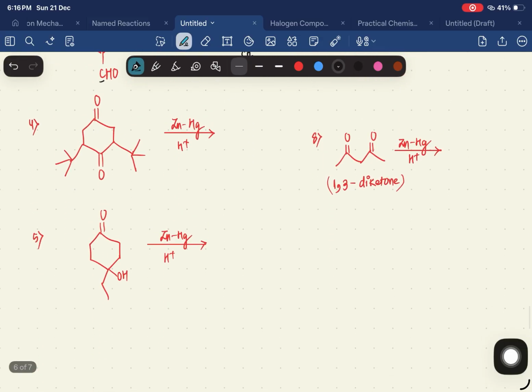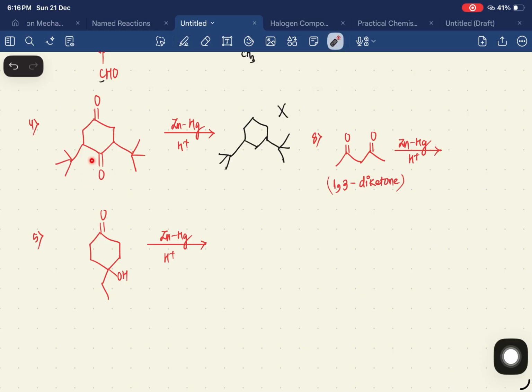Now when we go to the fourth one, we can see there are 2 carbonyl groups. This is a very interesting question. If you think the product will come like this, it is completely incorrect. Why? Because I want to highlight this one.